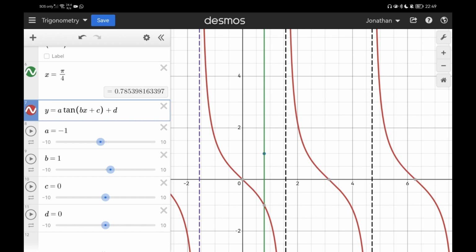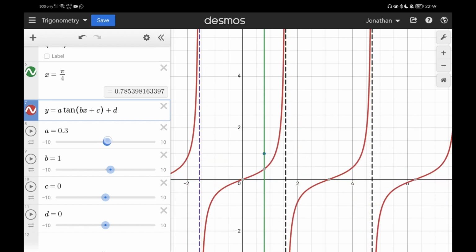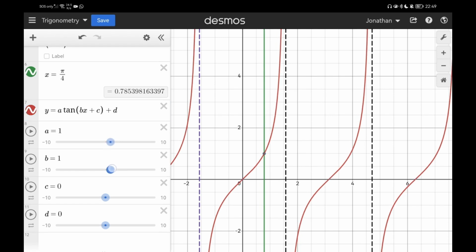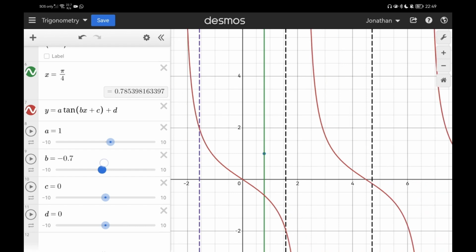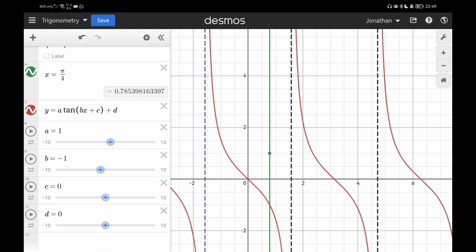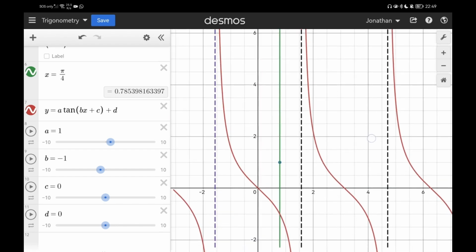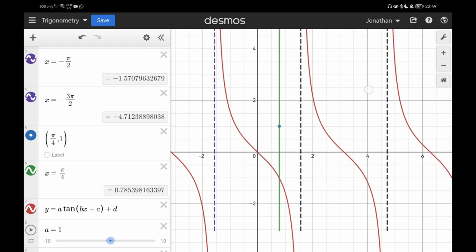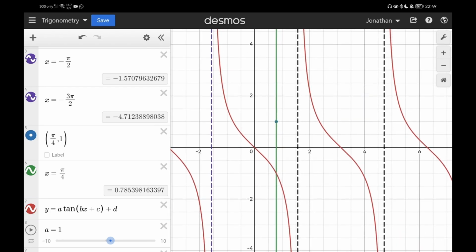Similar to the reflection on the y-axis. What you can observe is that the reflection on the y-axis gives the same transformed graph as the reflection on the x-axis, as the graph shown over here. So this proves that the tangent graph is an odd function.